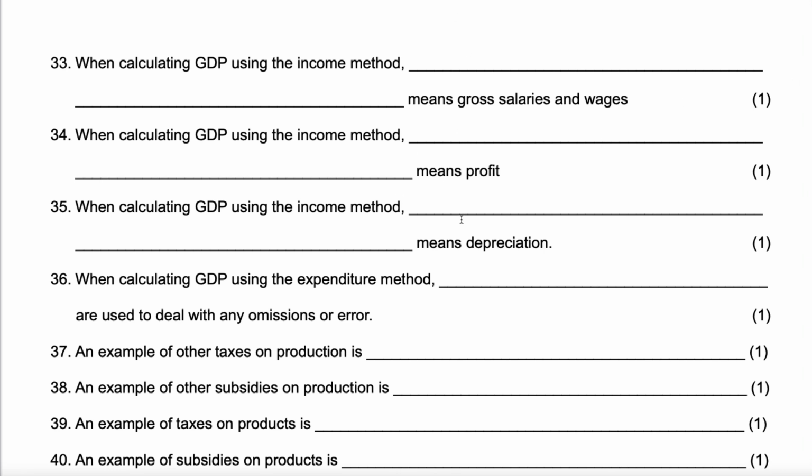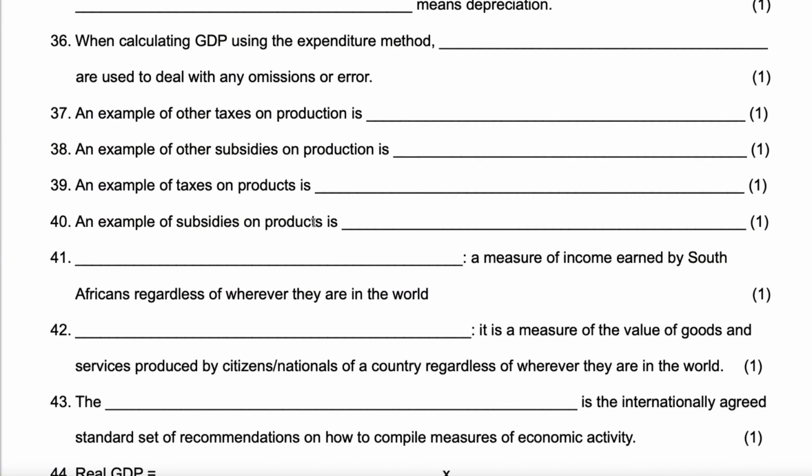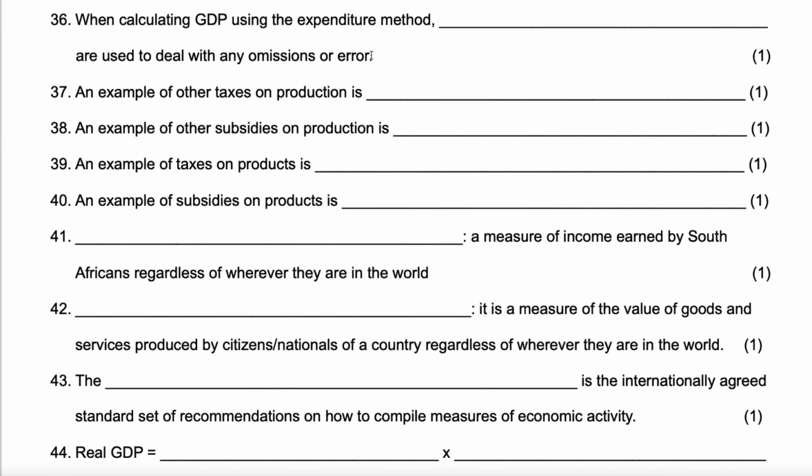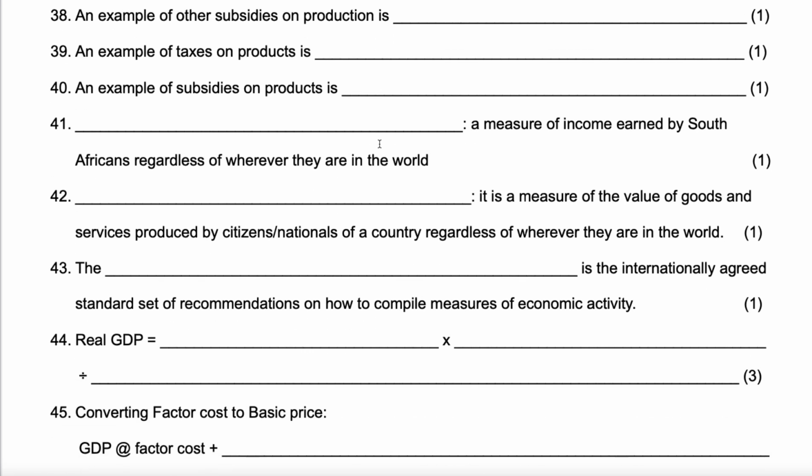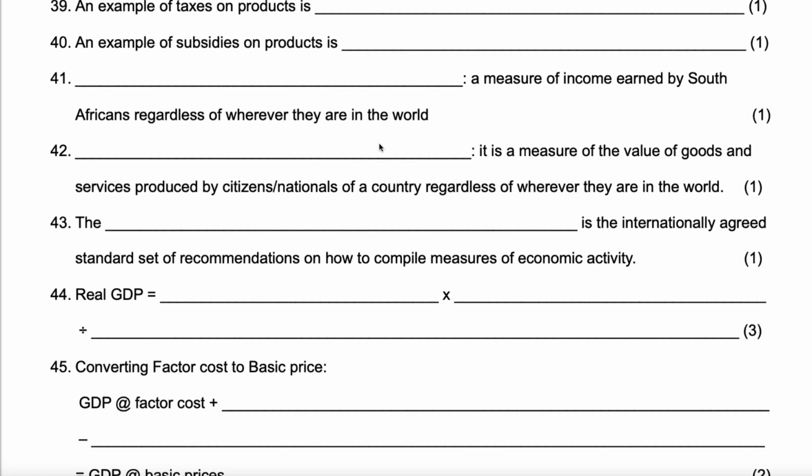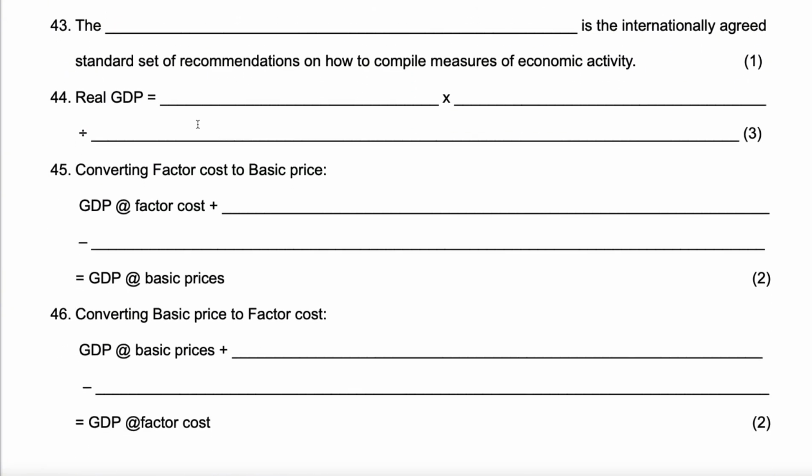And before the conversions, what each means on the income method. Then we have our residual item here, omissions and error. And then examples of production and products, subsidies and taxes. And then we have GNP, GNI, systems of national accounts, then now conversions.